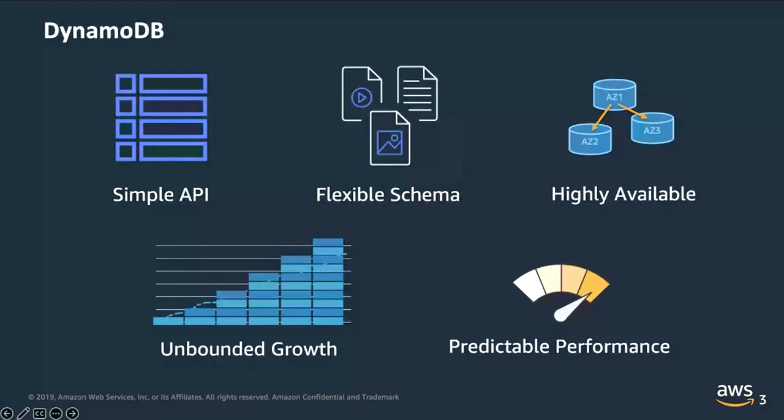So when you think about NoSQL databases, what is it that attracts people towards them? I've taken DynamoDB as an example here. With NoSQL databases such as DynamoDB, you get a very simple interface where you can use a simple API to create a table, and then you have a bunch of operations that you can do on the table, such as get and put.